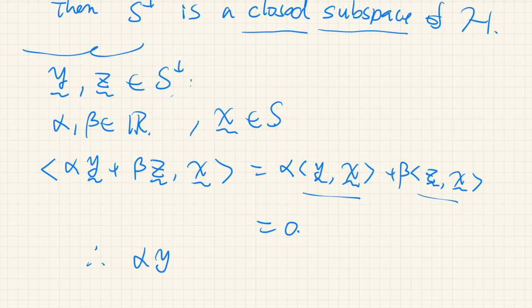Therefore, alpha Y plus beta Z is in S complement. So it is a subspace.